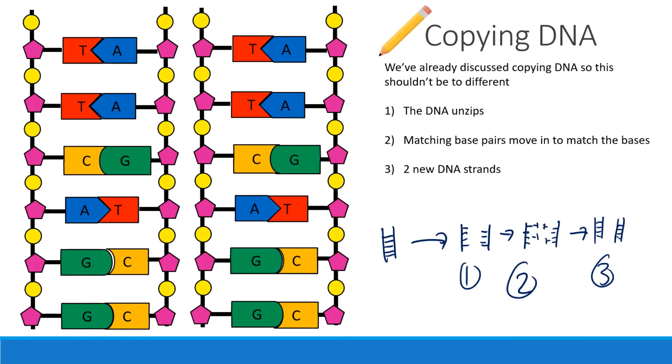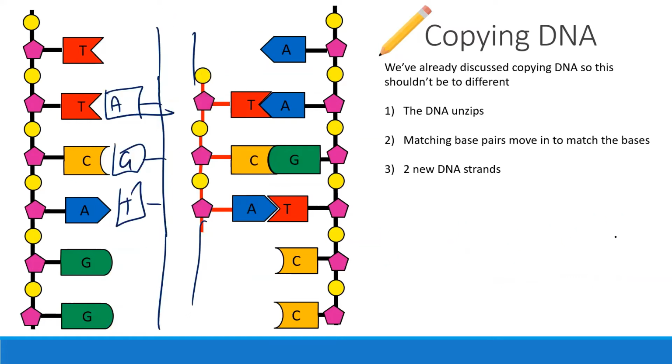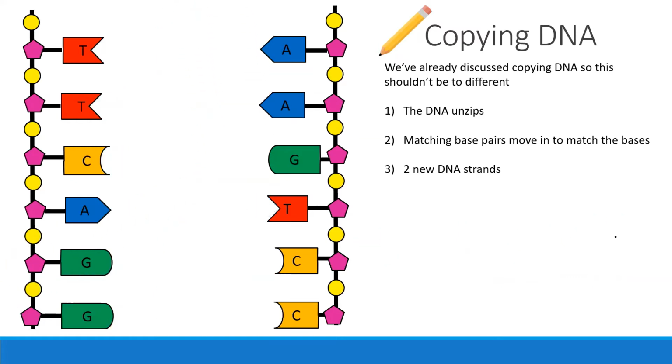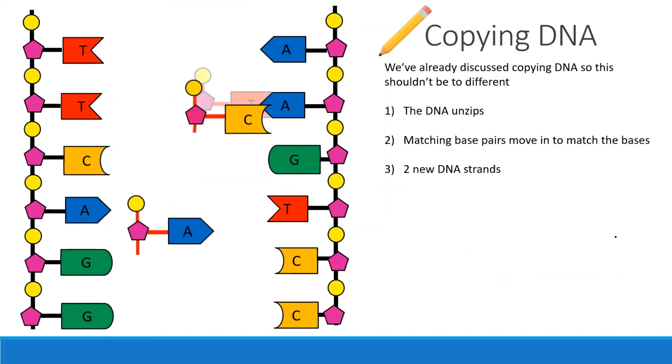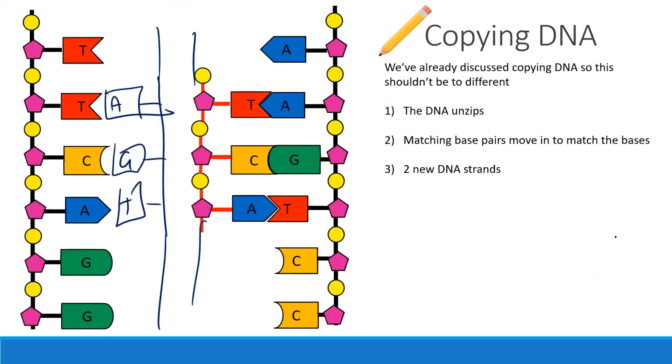You'll notice, wait, sir, can you explain the part after the DNA unzips? After the DNA unzips, we then have a bunch of base pairs move in, and those base pairs move in to start to copy the other side of the DNA.